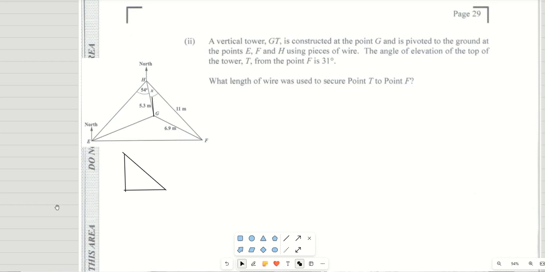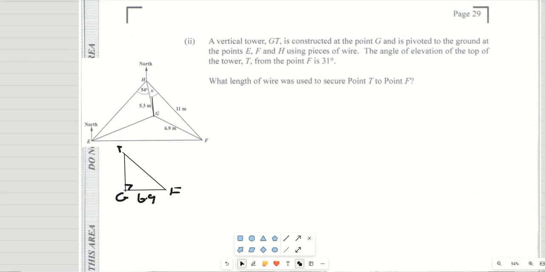Let's just put in what we have. We know that this is 90 degrees because it's a tower going up from G. So this is G here, this is T, and this is F. We don't know the length of this. However, we do know that this is 6.9.